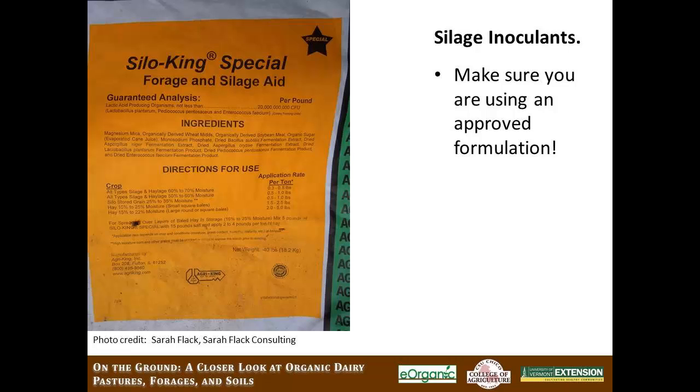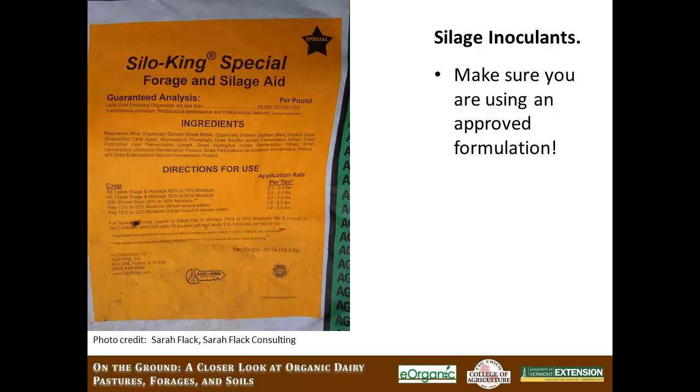Let's now look at silage inoculants. It's important to make sure you're using an approved formulation, because adding a non-approved silage inoculant to a batch of silage or haylage would result in that entire batch of silage not being allowed as organic feed for organic livestock. Some of these will have information on the label specifically saying that they are approved for organic use.